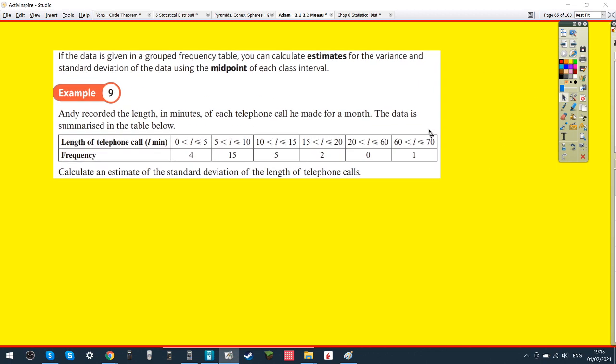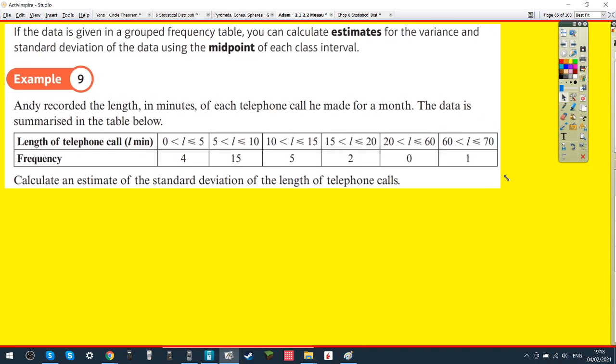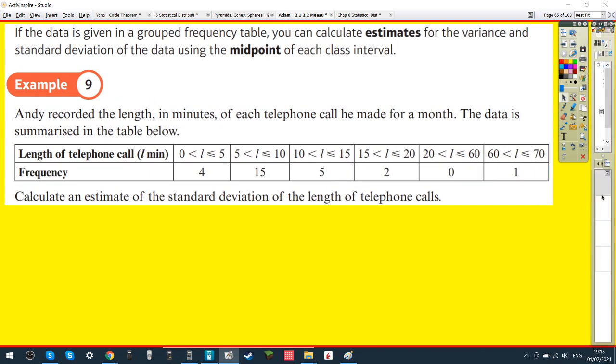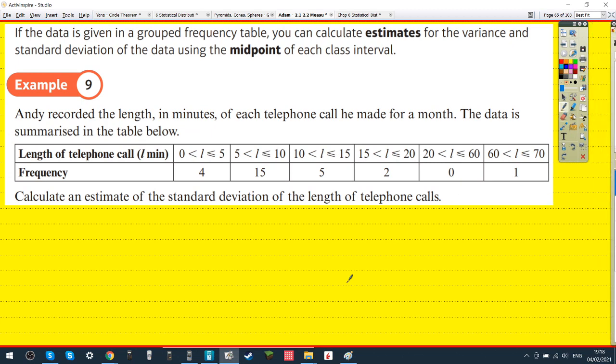Okay, how do we deal with this? For this, can we still use the calculator, but we find the midpoint?